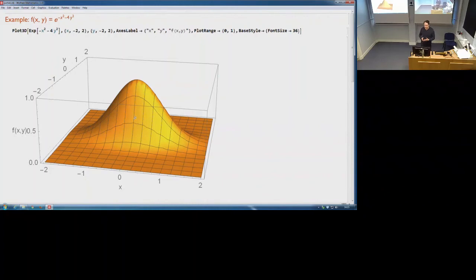And you can imagine, say, walking around this mountain, not going up or down in elevation, but just staying at a constant height. Or you could imagine walking up the hill or down the hill, in which case your elevation would be changing. So depending on which direction you're going, there's a different slope.